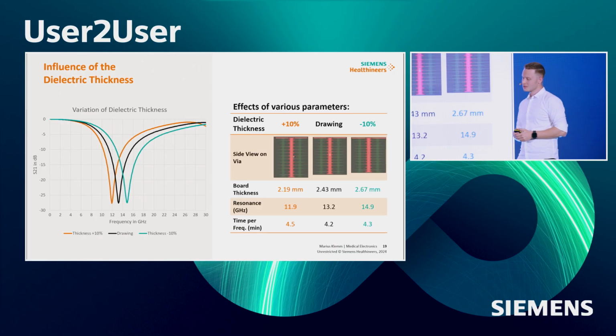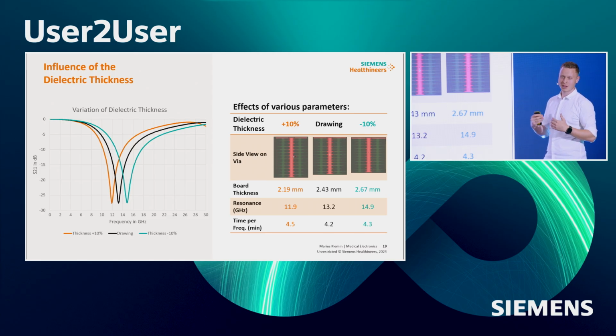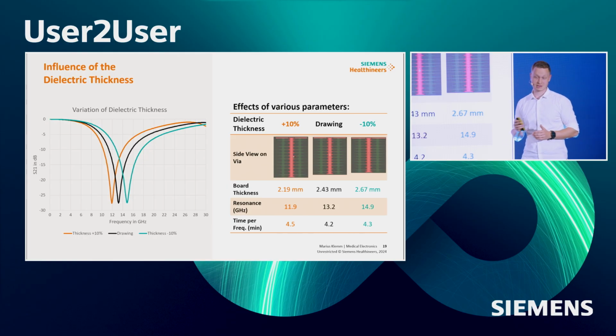And then another fabrication tolerance that we have is the PCB thickness. What we give in a drawing is plus minus 10%. It's the typical application. And if you see the effect, it's more than 1 gigahertz. So we almost have 1.5 to 2 gigahertz of deviation plus and minus.